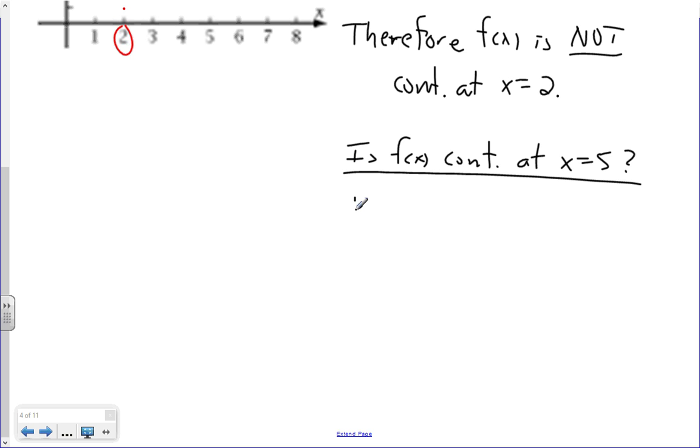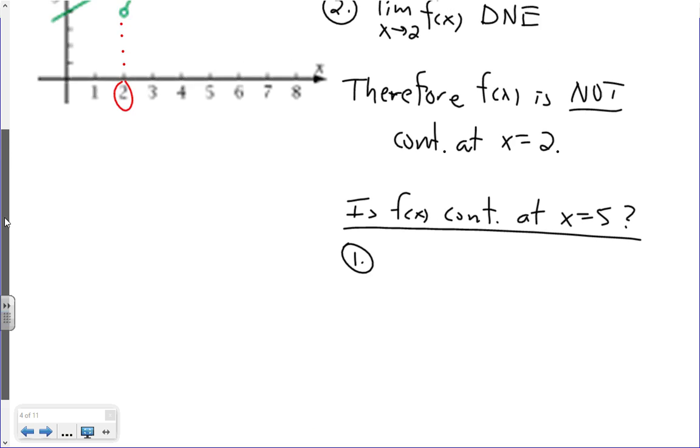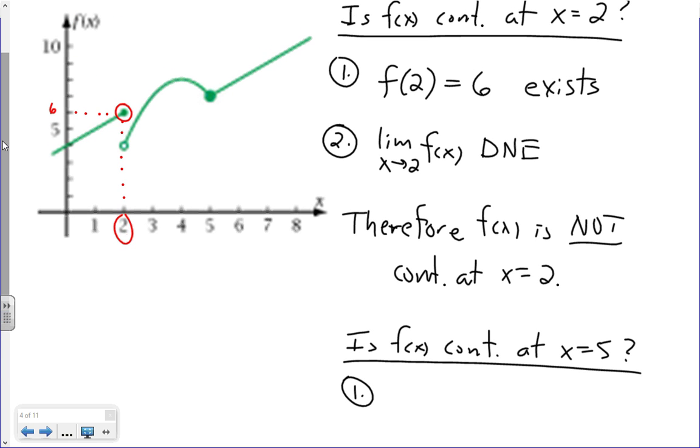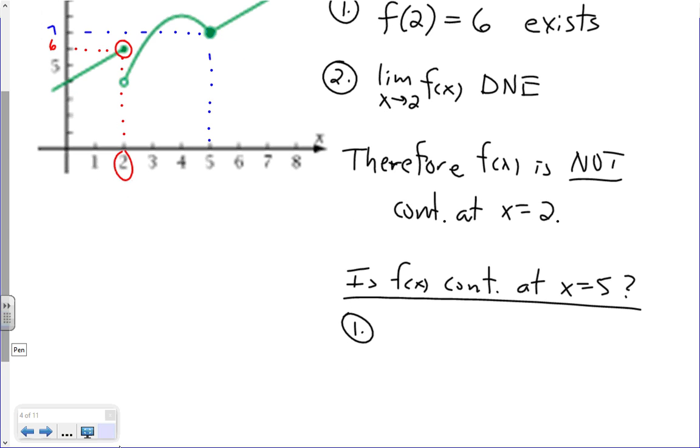And again, there's 3 parts to this definition, so I've got to check all 3 parts. First thing I can do is find out, does f of 5 exist? If I look at what's happening at 5, that's right here. It is that value right there of 7. So we can say that f of 5 is equal to 7.